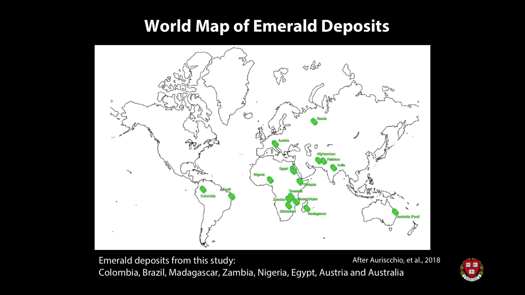The ones we have chosen for this study are probably the most representative deposits, and those are the ones from Colombia, Brazil, Madagascar, Zambia, excuse me, Nigeria, Egypt, Austria, and Australia. Now, on a very broad, raw classification system, all these emeralds have been classified in two type deposits.